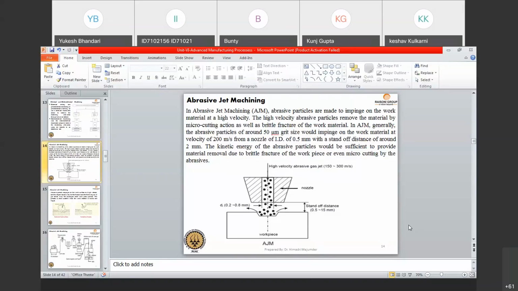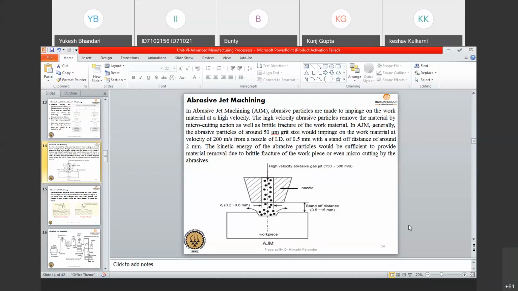Those abrasive materials are impinged on the work material at a very high velocity. When the high velocity abrasive particles impinge on the work surface, what happens? They remove the material by micro cutting action as well as brittle fracture. In the form of micro cutting action or brittle fracture, the high velocity abrasive particles remove material from your work surface. Remember that.